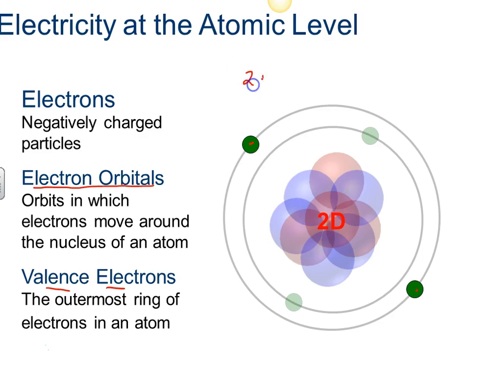So we have 2 valence electrons, and these rings are called energy levels. This is number 1, this is number 2. Energy level 2 is the valence level. Valence level would be the highest level, the highest number, farthest away from the nucleus, that has electrons occupying it.